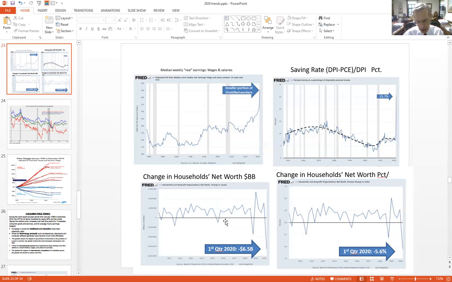We can see that overall, when all the households are surveyed or sampled anyway, we don't get 100%, we get samples. But you can see that the net worth, the difference between assets and liabilities of families, dropped pretty sharply. And as a percent, it dropped by over 5%. So that's pretty severe.